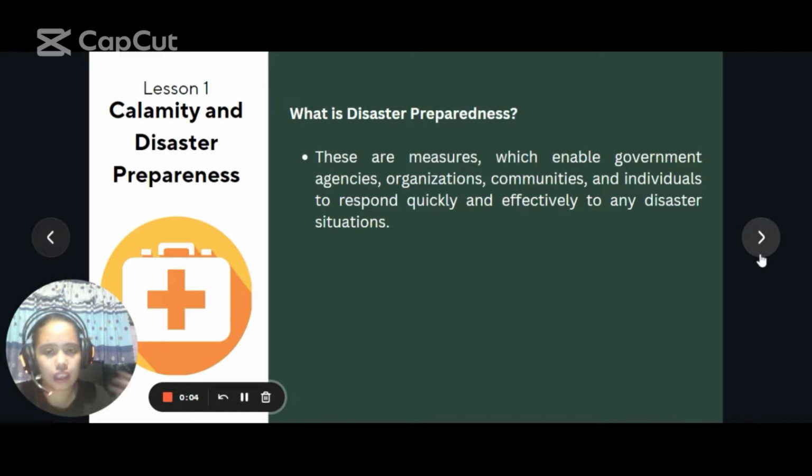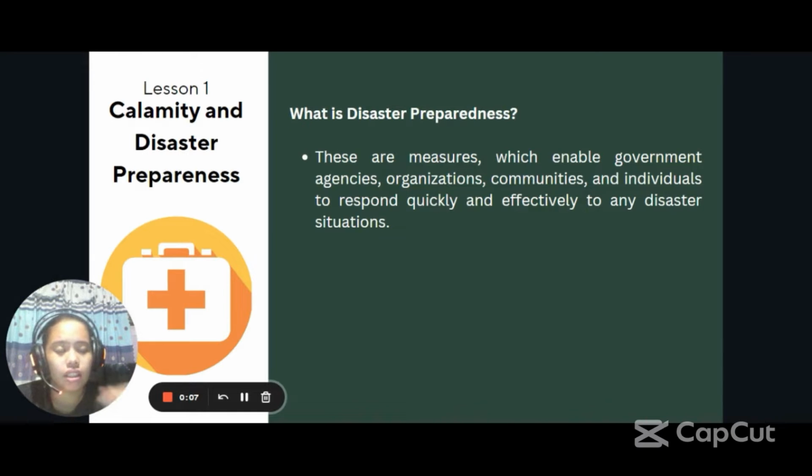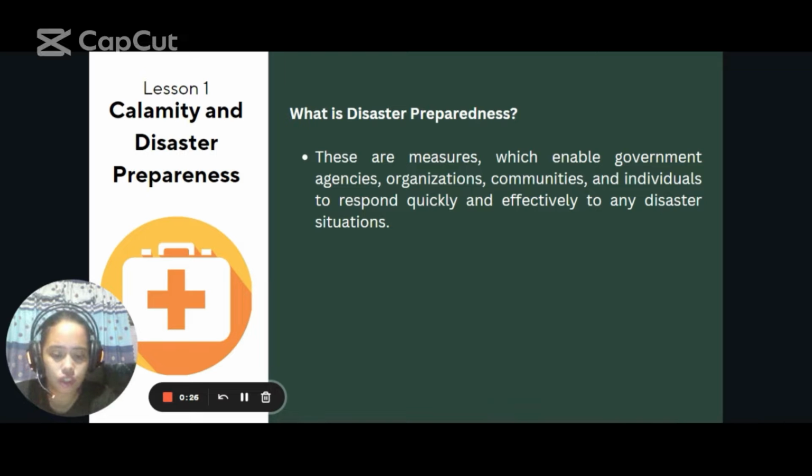So the last slide is, what is disaster preparedness? These are measures which enable government agencies, organizations, communities, and individuals to respond quickly and effectively to any disaster situations.